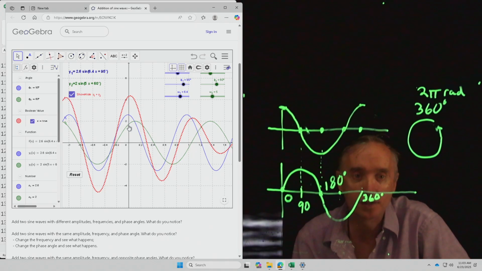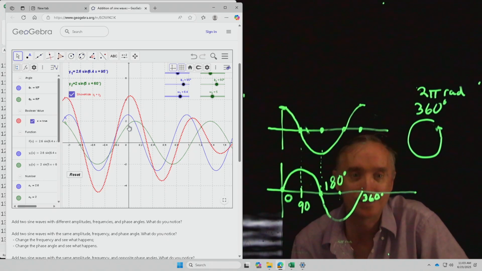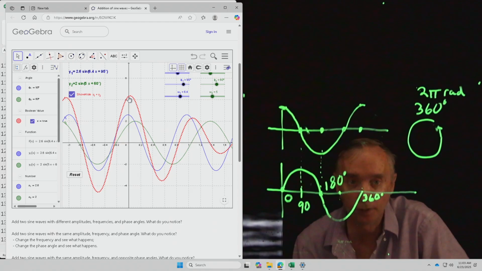This one is like, I don't know, 0.75. So if you take 0.75 plus 1.25, you're going to get something just a little bit bigger than 2. And up here, the height of this red one is a little bit more than 2. So it took this height and added it to that height, and you get this.